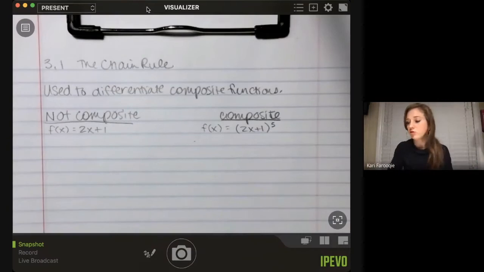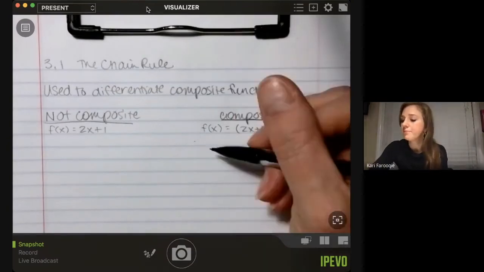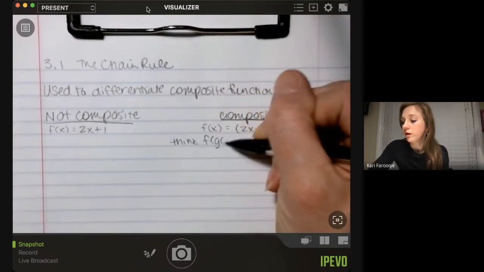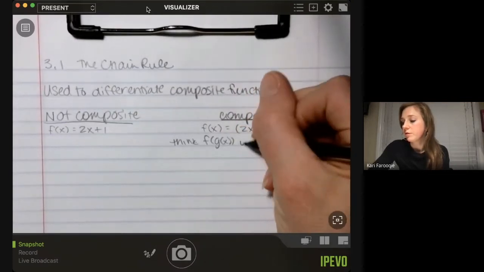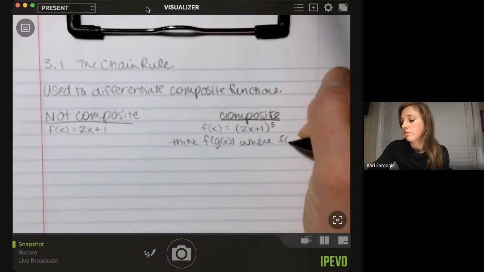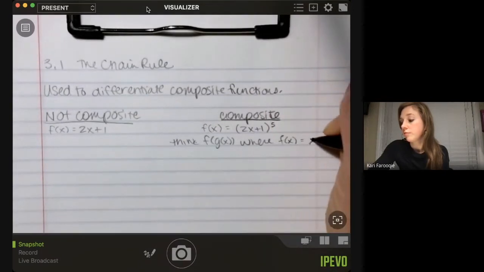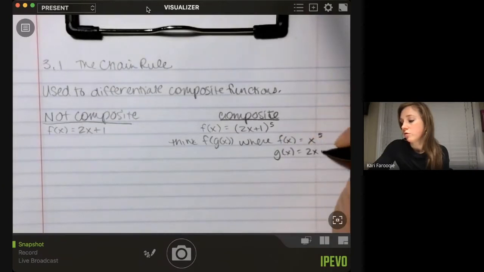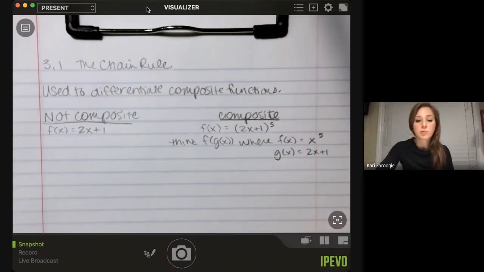For this function, it's like you're taking f of g of x, where f of x is x to the 5th, and g of x is 2x plus 1. So remember back when you were in college algebra, you learned how to take composites of functions.